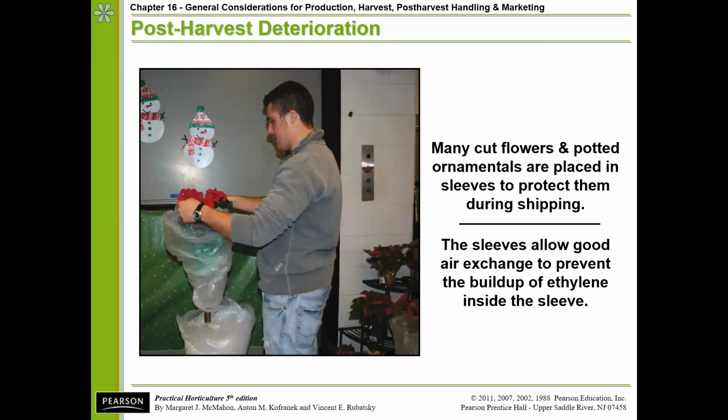One thing, pictured here, that we do with cut flowers and potted ornamentals is place them in protective sleeves, like it's pictured here with the poinsettias for shipping. These sleeves are designed so that they will still allow air exchange and prevent the buildup of ethylene, which would, of course, cause deterioration.